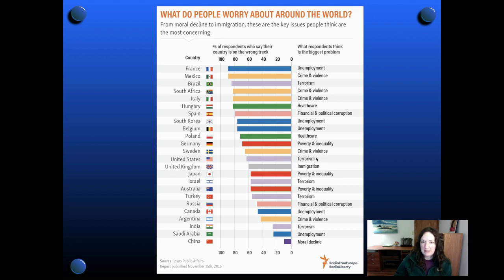But you can see other places: poverty and inequality is an issue, healthcare, unemployment, financial and political corruption. So it really varies depending on where you live. And this is from 2016. Just an interesting comparison of the different ways that people think they're endangered or threatened.